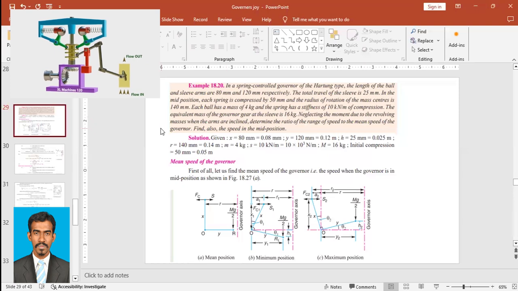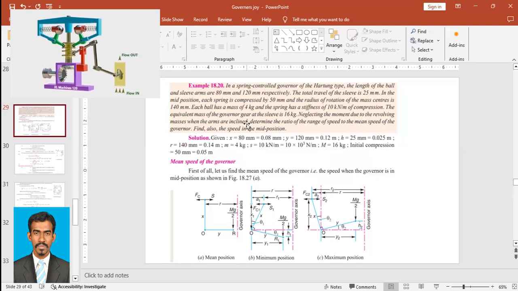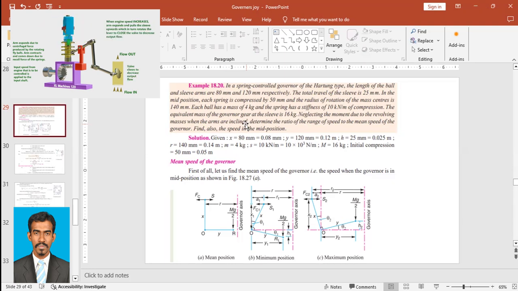Neglecting the moment due to the revolving masses when the arms are inclined. So we can neglect that moment. When we take moment about O in the mid position, the mass located here won't affect it, because the line of action of the force is through O, so the moment will be 0.